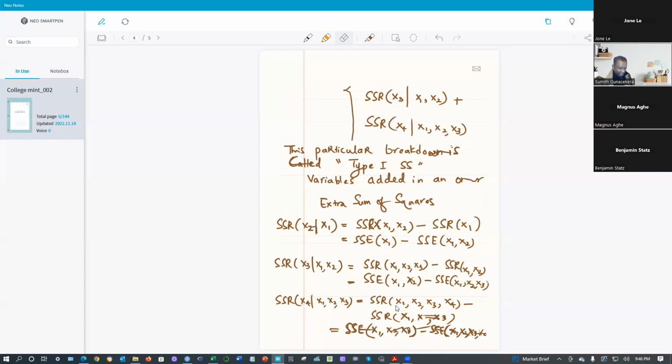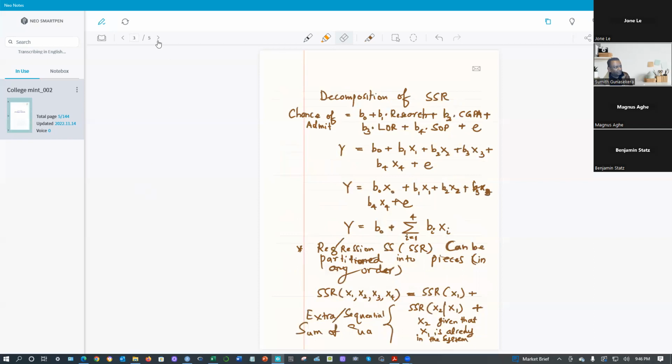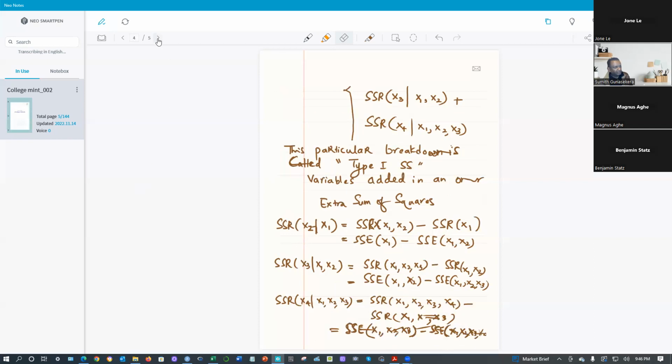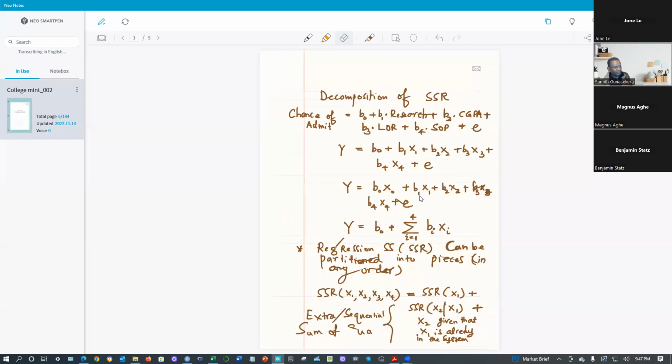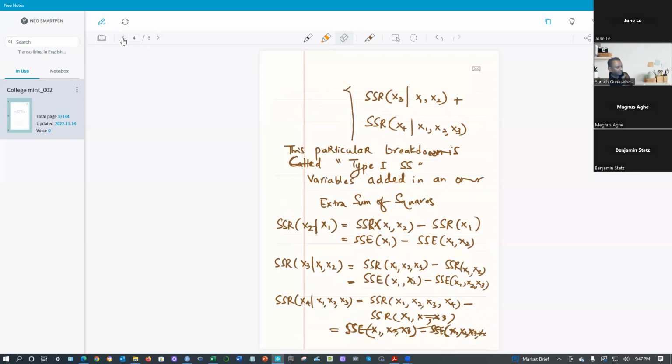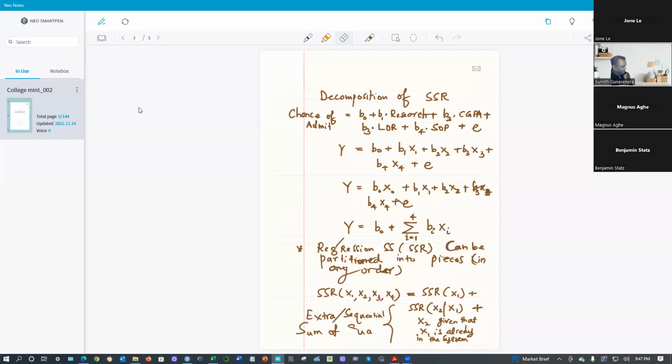That means what? Let's say that this is related to type 1.